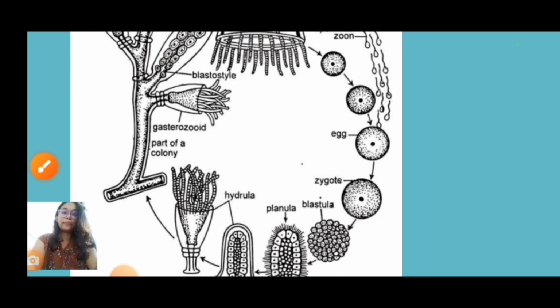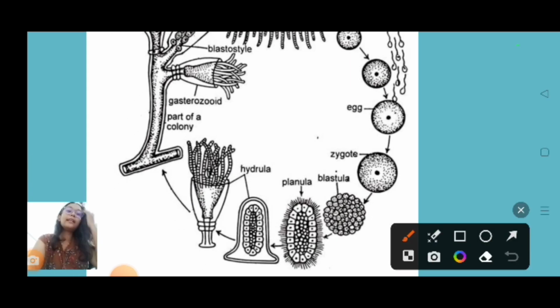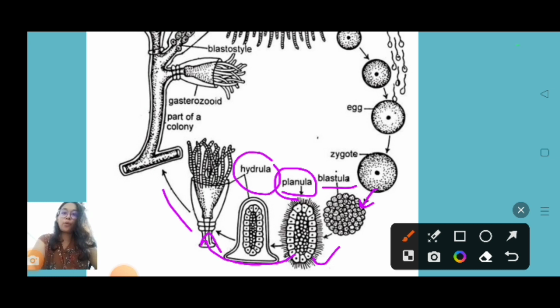Is it clear? They are forming the zygote at this stage. Then the zygote develops into the blastula stage. Then it becomes a planula larva. Then it will mature to form a hydrula, and a polyp body will form.